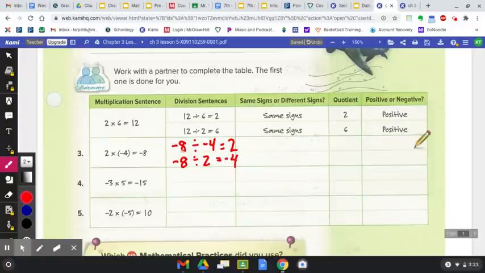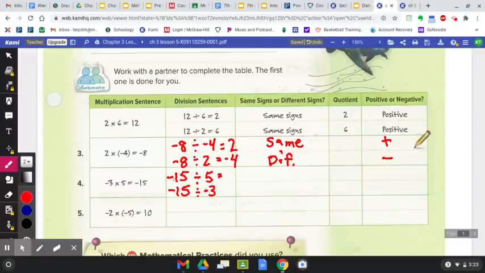So notice, the signs are the same, and the result was a positive. When the signs were different, we had a negative. So here I can take my product of negative 15, and I'm going to divide it by 5, and I'm also going to divide it by negative 3.